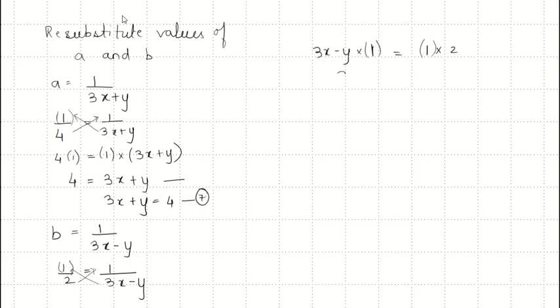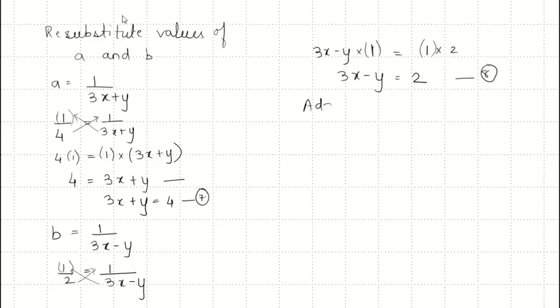So 3x minus y into 1 is 3x minus y. Anything that we multiply by 1 will give us the same number. 2 into 1 is 2. Mark this as equation number 8. This is becoming a little lengthier, but it is very important to understand how we are going to solve it.